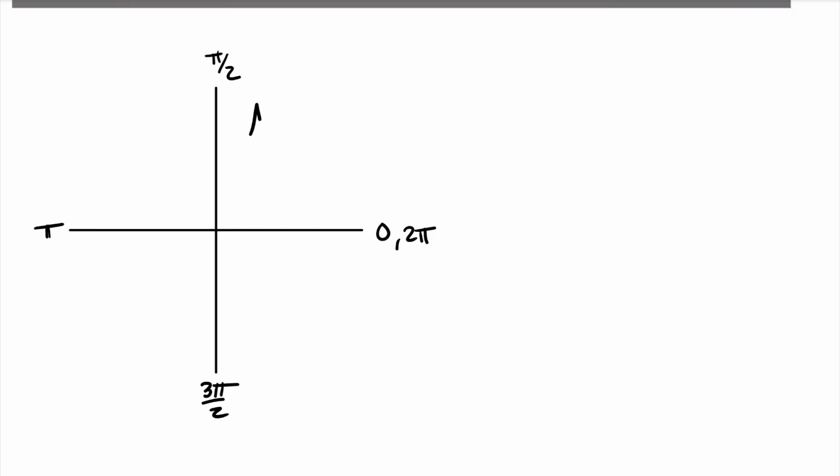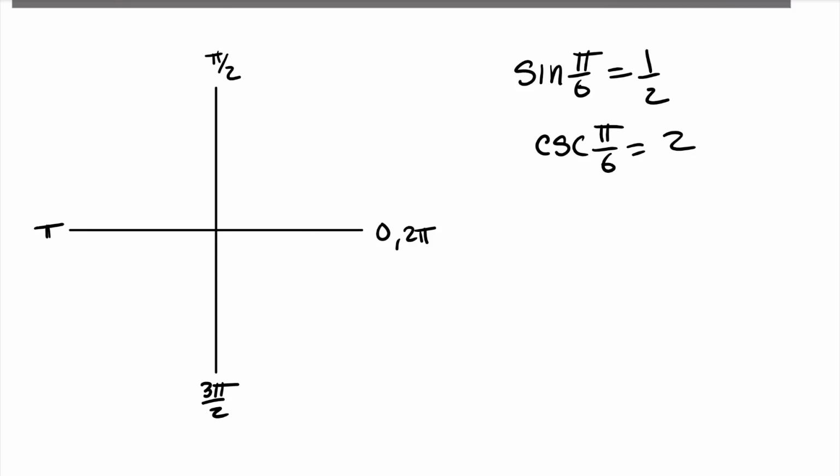So all trig functions are positive in quadrant 1. All of them. Every single one of them. But I don't want to think about all of them. Because if sine of pi over 6 is equal to a half, that's positive, right?